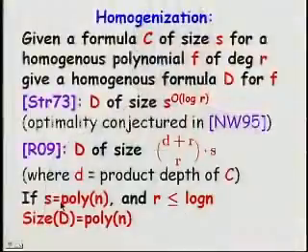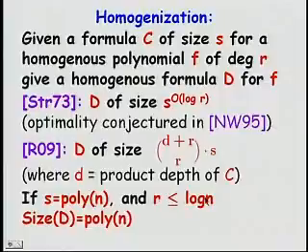The important thing is that this is always smaller than this. And when S is polynomial and r is less than log n, you can, without loss of generality, assume that d is less than log n and get that the size of D is polynomial. So if you have a homogeneous polynomial of degree log n, and you have any formula for it of size S, you can, from this formula, get a homogeneous formula for the same polynomial.